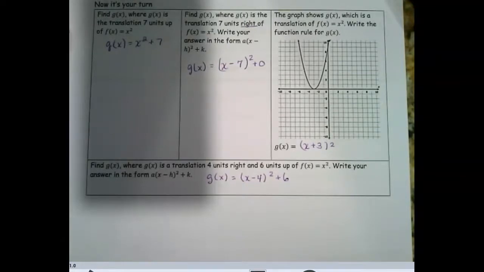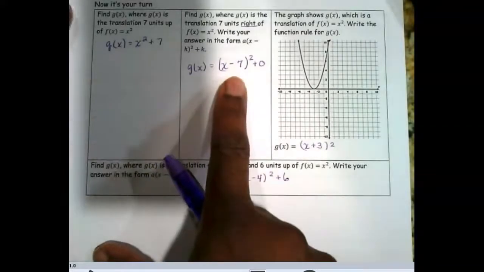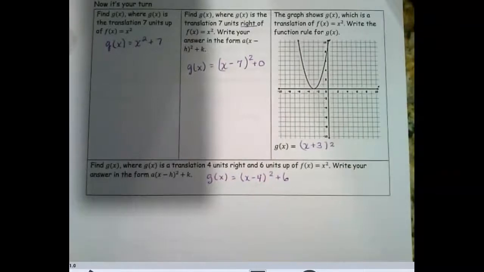I want to give you a piece of advice when you're doing these, because sometimes when you're talking about movement on the x-axis, it can be a little bit interesting or challenging to think in opposite directions. But here's something that might help you.